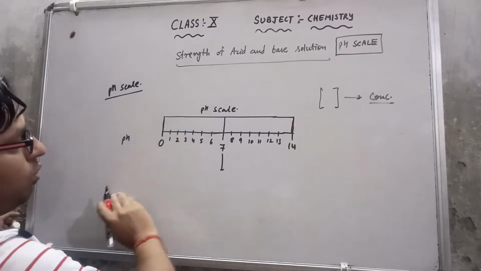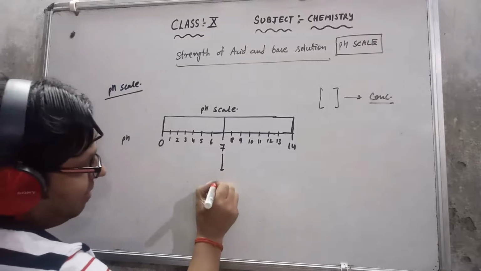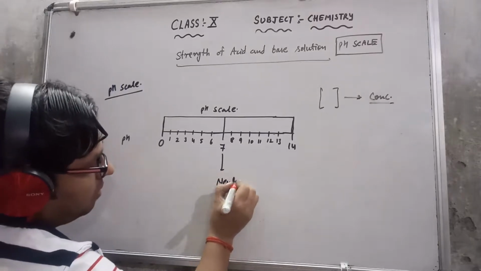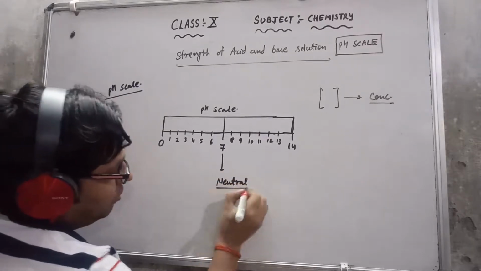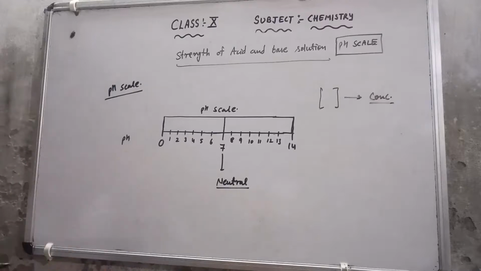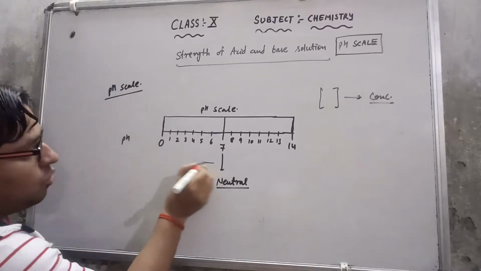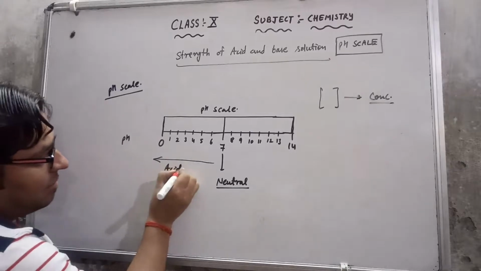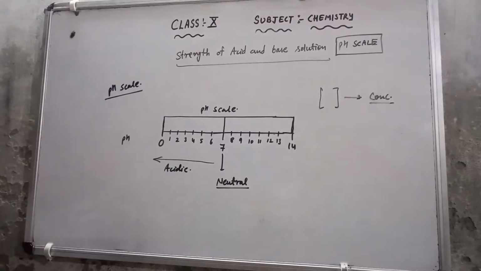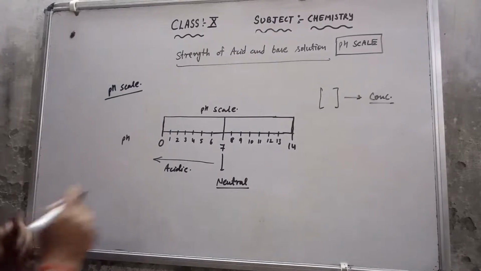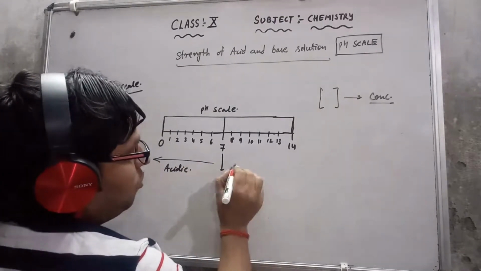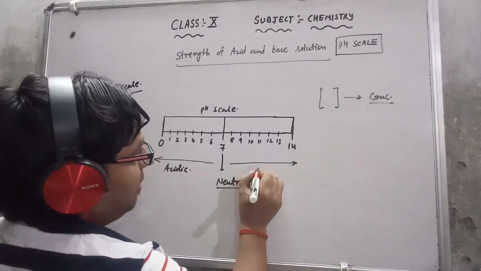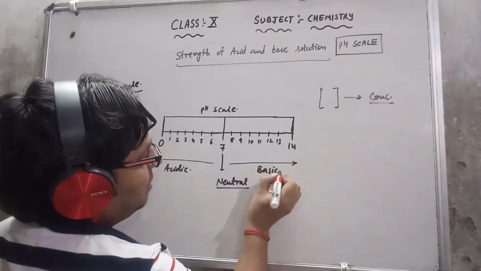The solution whose pH value is 7 is neutral, that means it is neither acidic nor basic. And the substances whose pH value is less than 7 are acidic in nature. The solution whose pH value is more than 7 is basic in nature.